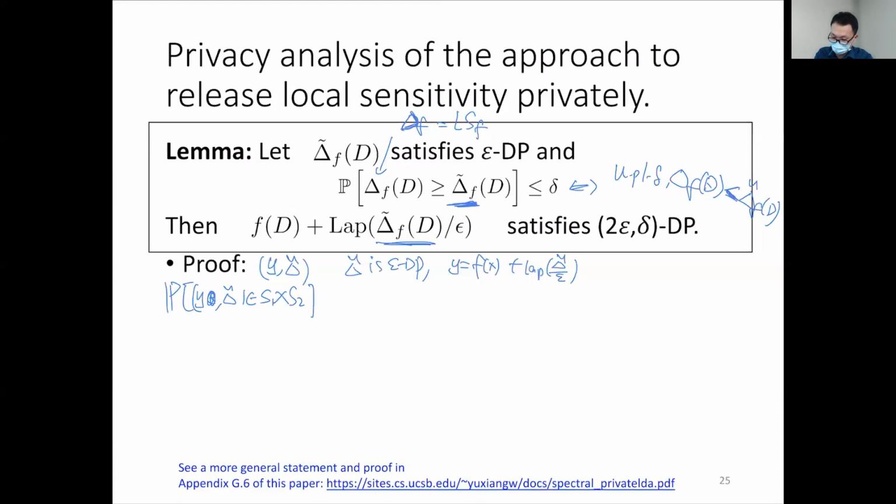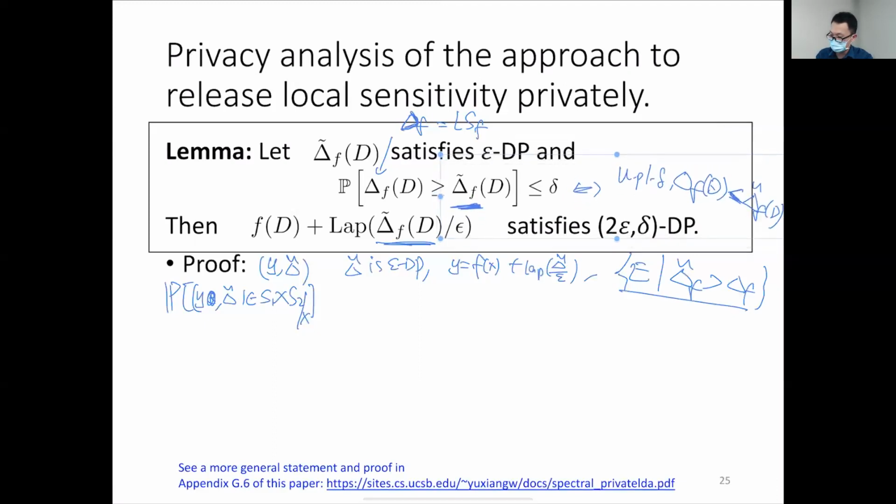So given the data set X, again, let's define E to be the event that happens with high probability, such that this delta tilde is larger than the local sensitivity of F. Okay, so this is a good event.